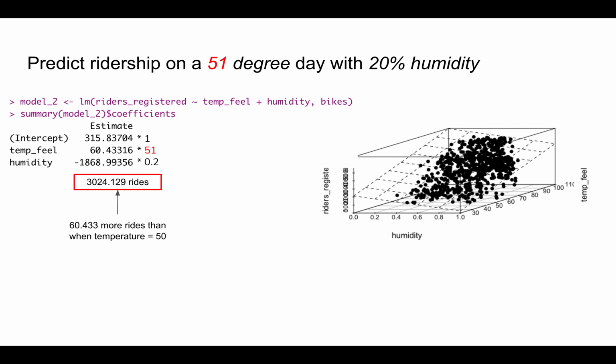Not coincidentally, this bump corresponds to the temperature coefficient of 60.433. This too is a theme. Quantitative coefficients indicate typical changes in y when we increase the quantitative predictor by 1 unit.